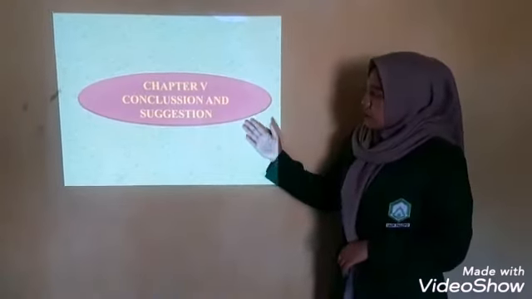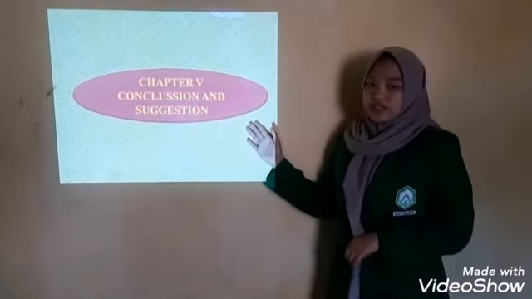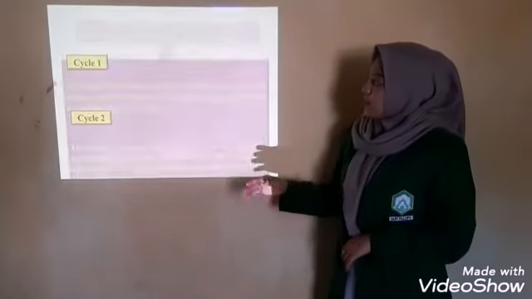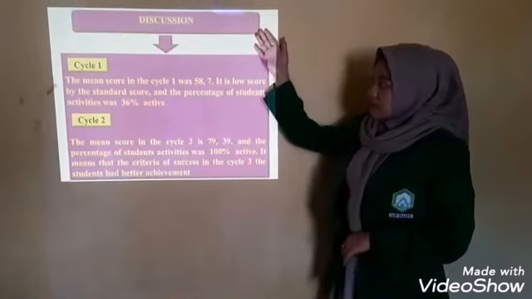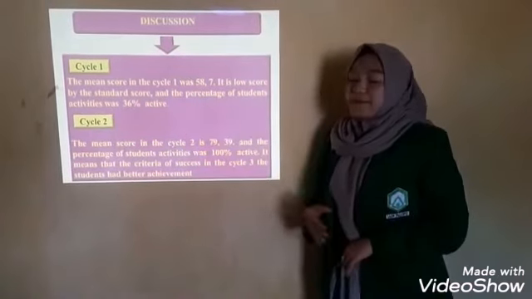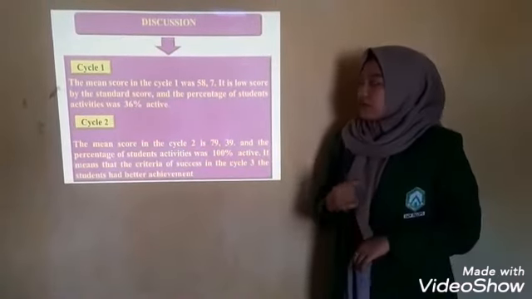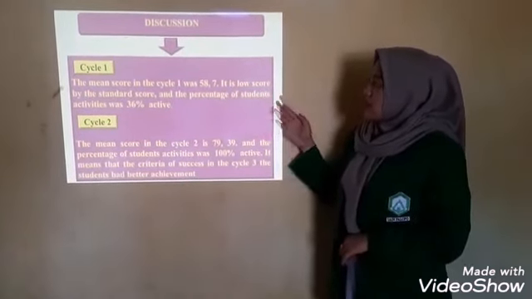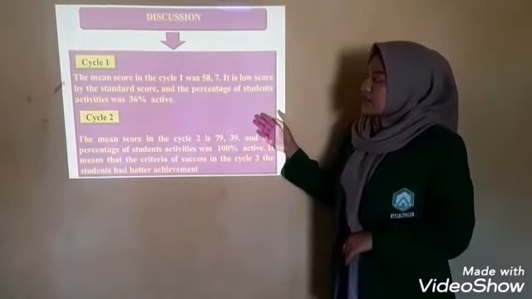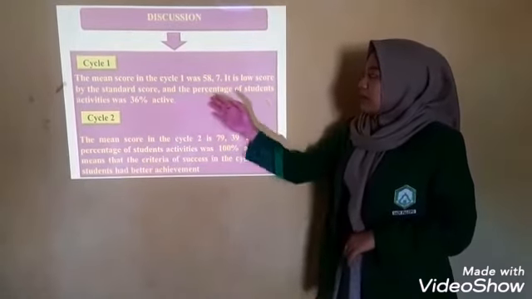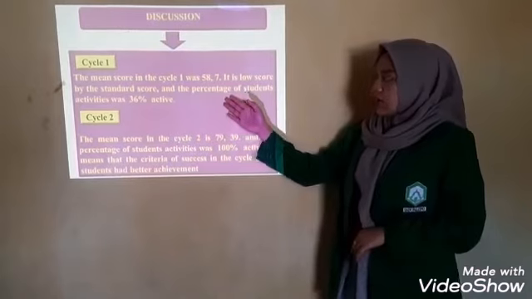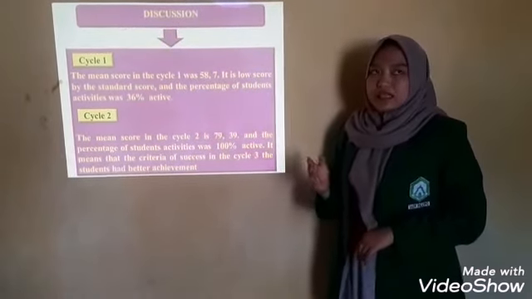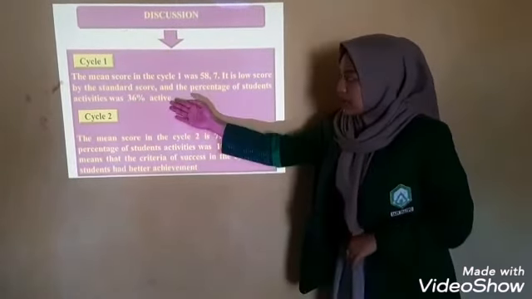Chapter 5, conclusion and suggestion. Next, discussion. Cycle 1, the mean score in the cycle was 58.7, which is low by the standard score, and the percentage of student activity was 36% active.